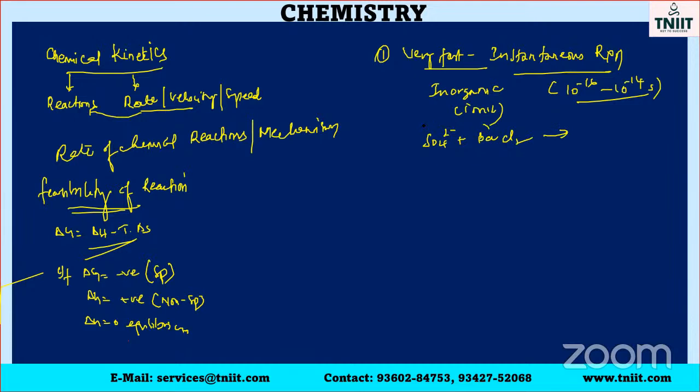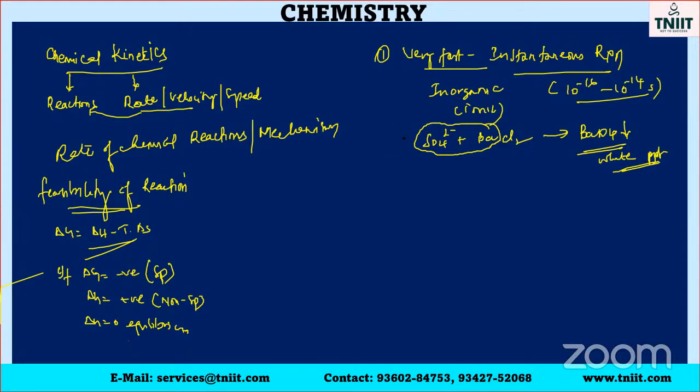When we add barium chloride solution, as soon as the barium chloride comes into contact with sulfate, a white precipitate of barium sulfate is formed. The formation of this white precipitate takes place very fast, in a fraction of a second. Therefore, this reaction is called an instantaneous reaction, a very fast reaction.